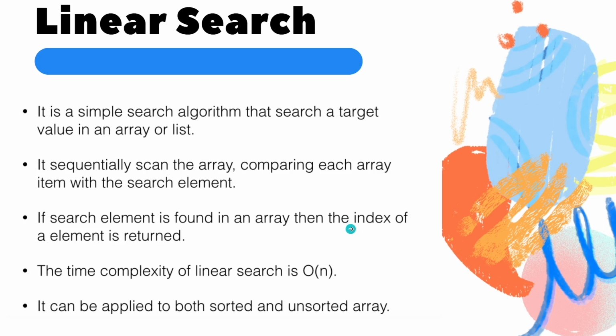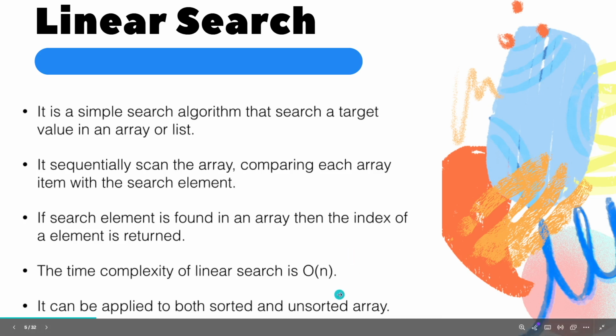Accordingly, we say that the search time or the time complexity for linear search is order of n. And linear search is flexible in the way that we can apply linear search either in a sorted array or in an unsorted array. But in case of binary search, there is a prerequisite that the array has to be sorted or ordered before doing a search operation.